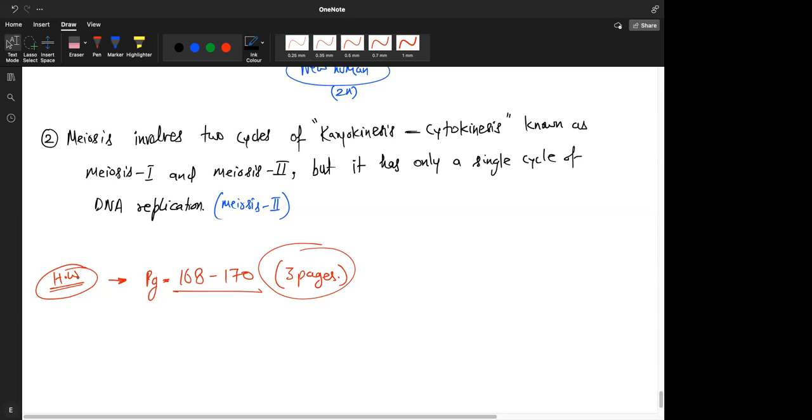One more thing. Iram and Aisha, what else is coming in your exam in September? Which chapter? Morphology of flowering plants and anatomy. Biomolecules. Biomolecules is for whom?